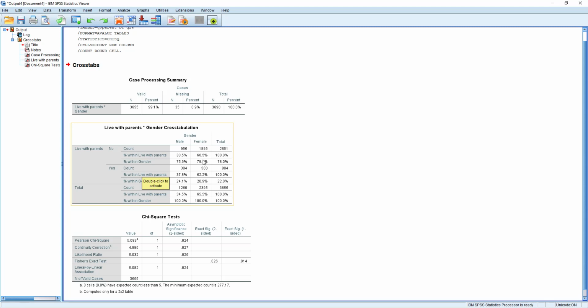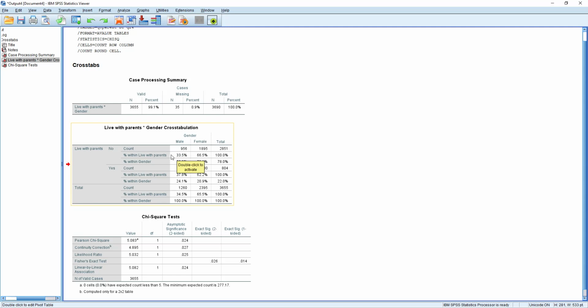It can take a little while to work out what all of these actually mean, so I will go through and explain it for you. If we look at the top left-hand corner, this is the cross tabulation between male and not living with parents. We can see that we've got 956 students, and that accounts for male students.